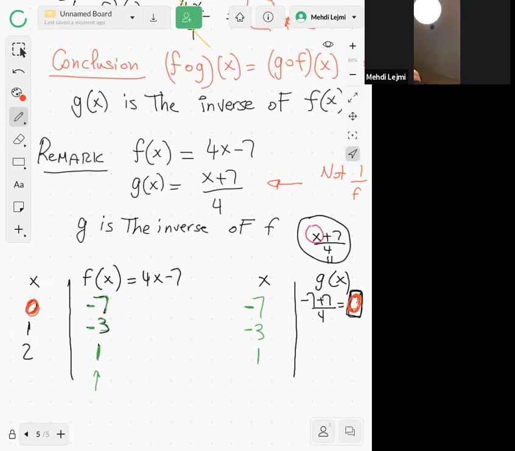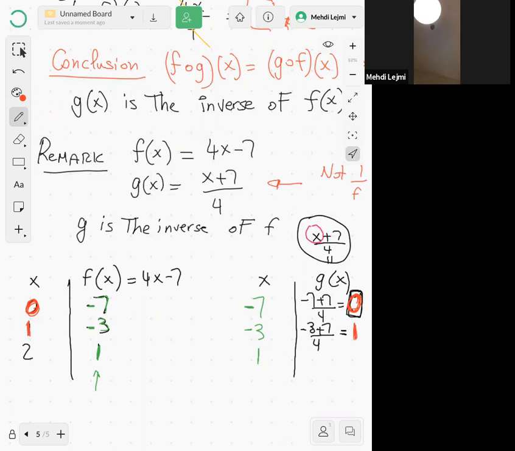Now, if my x is negative 3, what will be g of negative 3? Well, g of negative 3 would be negative 3 plus 7 over 4. Negative 3 plus 7 would be positive 4, and positive 4 over 4 would be positive 1. So the answer here would be positive 1, and that's exactly the input x here, right?